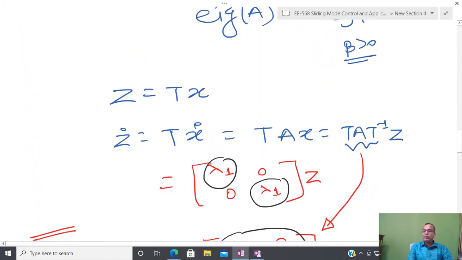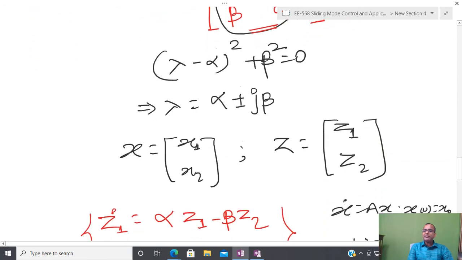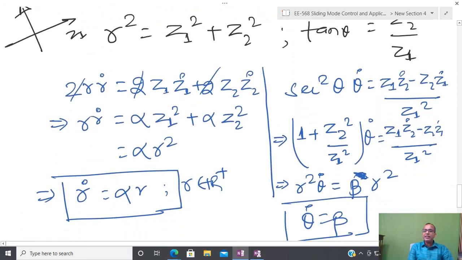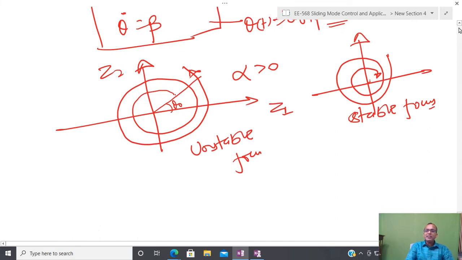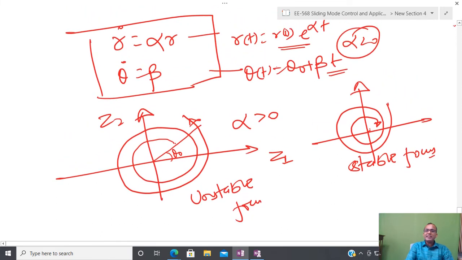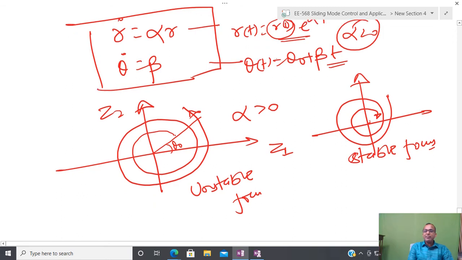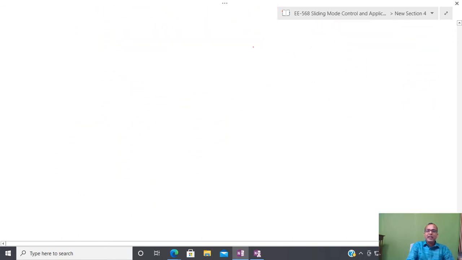When alpha equal to 0, from this dynamics you can see alpha equal to 0 means R t equal to R0. So whatever your initial value, that is not going to decrease, that is going to remain constant, and you are going to rotate. It means I have behavior that looks like this.